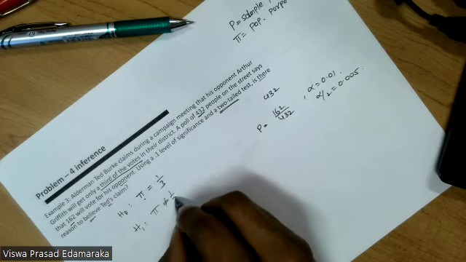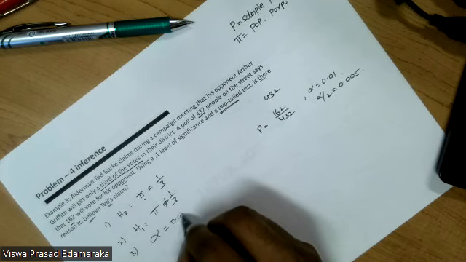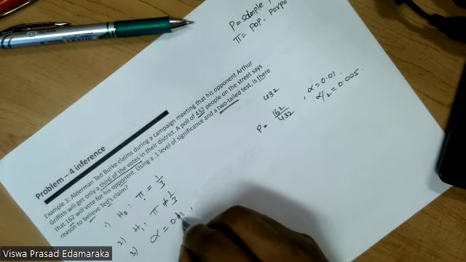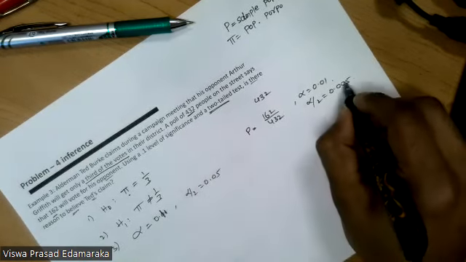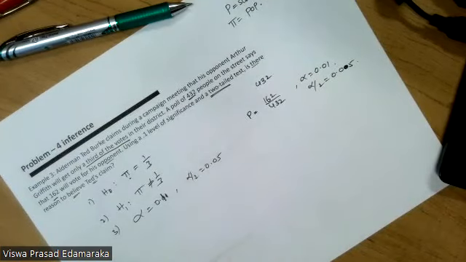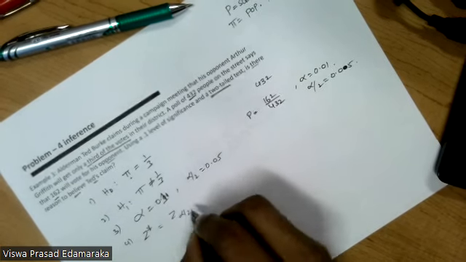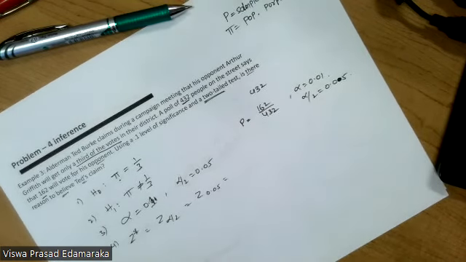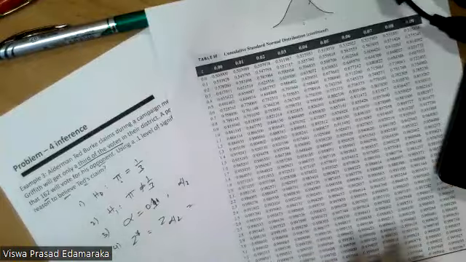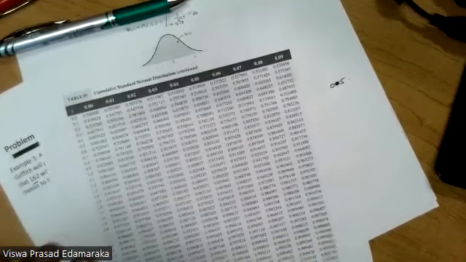He will not get 1/3. Since it is a two-tailed test, alpha is 0.01, and alpha by 2 is 0.005. So z star value is z alpha by 2, that is z 0.005, from the table.